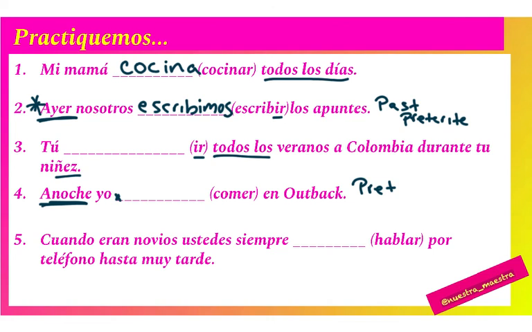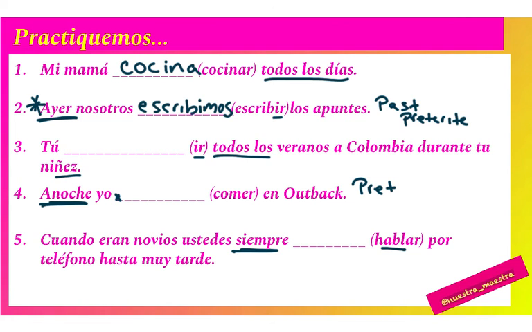And lastly, la número 5. Cuando eran novios, when you were boyfriend and girlfriend, when you were dating, ustedes siempre, always, repetitive. Hablar por teléfono hasta muy tarde. What tense do you think we're going to use here?